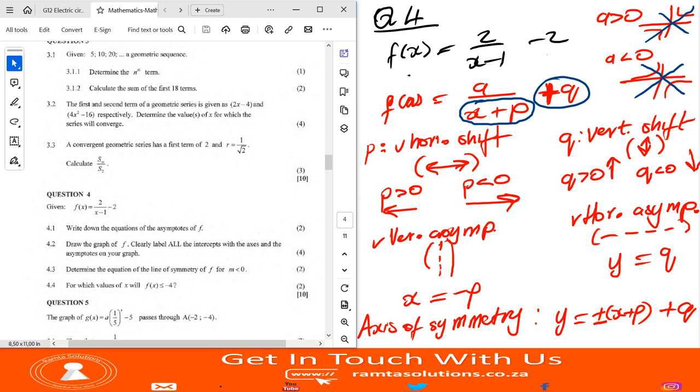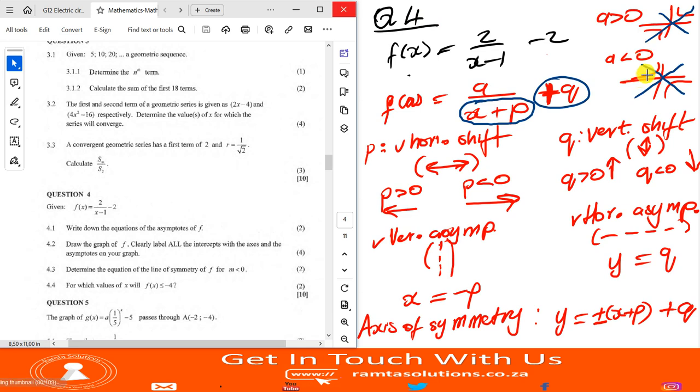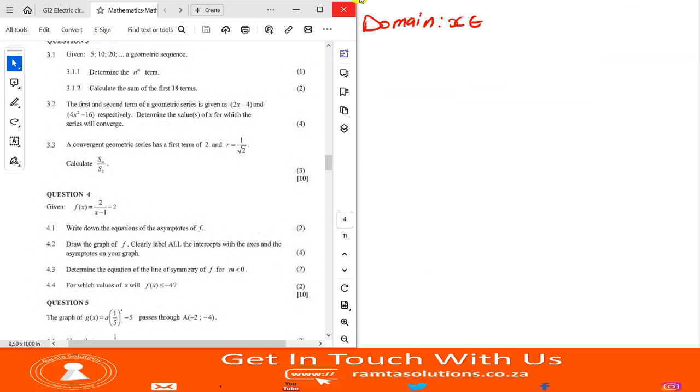Now, let's look at domain and range. In the last videos, I don't think I covered this. I didn't, but it's okay. This is basically for your hyperbola. We can say all x values are valid, but not the one that is the vertical asymptote, x equals negative p.